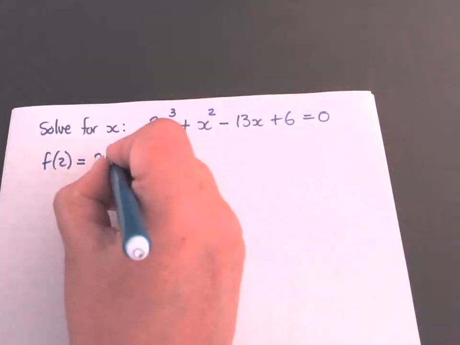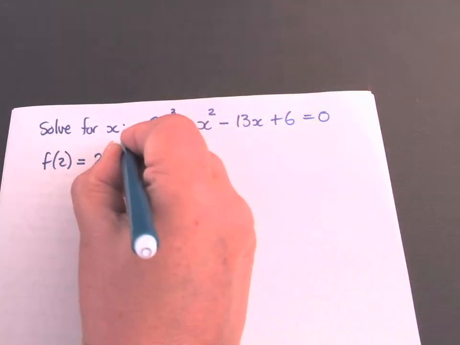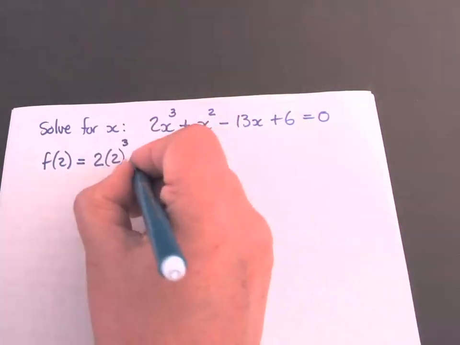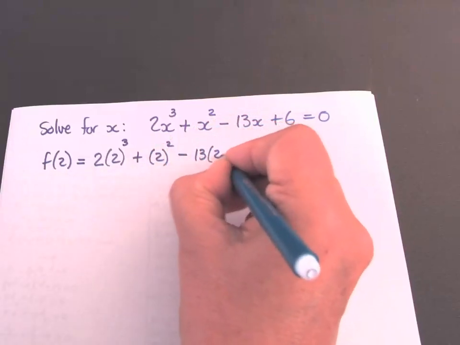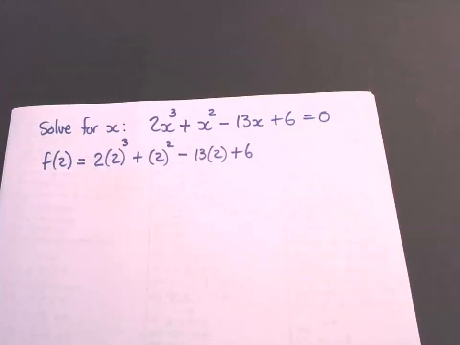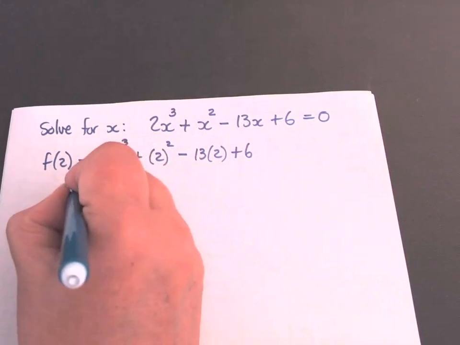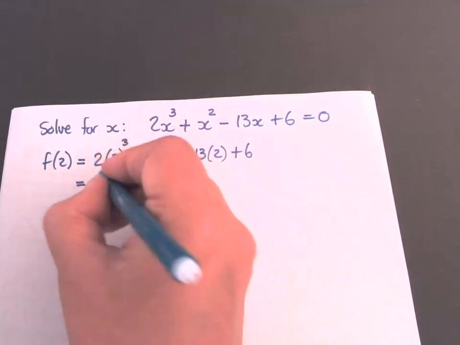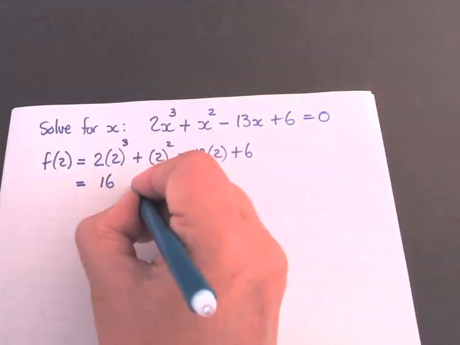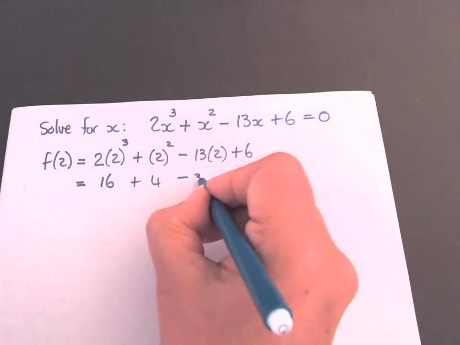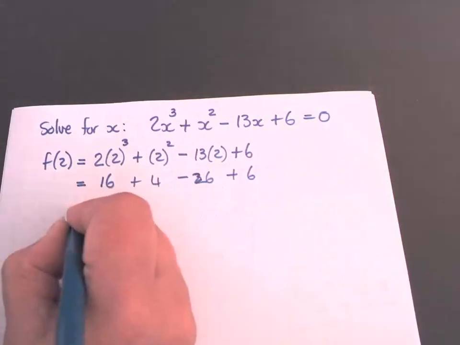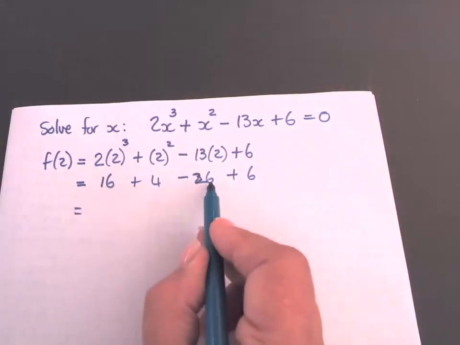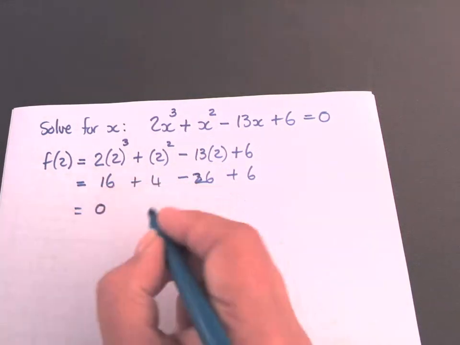Show that it gives you 0, so it's 2 to the power of 3 times 2 plus 2 squared minus 13 times 2 plus 6. 8 times 2 is 16 plus 4 minus 26 plus 6. 20 minus 26 is negative 6, plus 6 is 0.